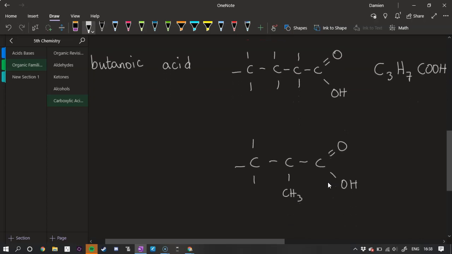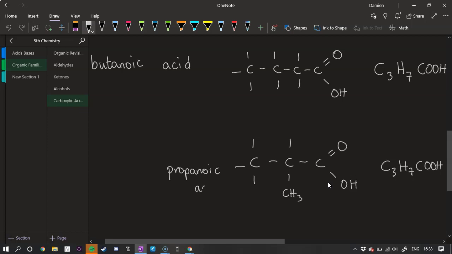Pop in your hydrogens all the way around, and you should be able to see that there are 3 carbons and 7 hydrogens and another carbon and an OOH group there. This is not butanoic acid, obviously, because the longest chain is 3 carbons. If the longest chain is 3 carbons, this is going to be propanoic acid.